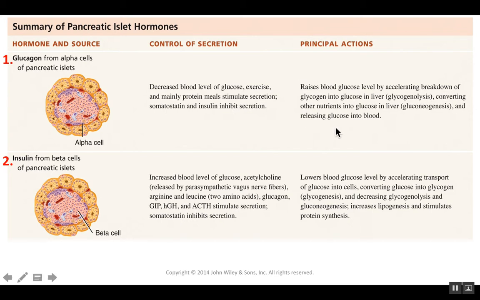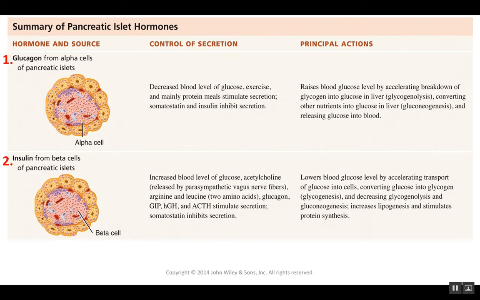So the target for insulin is many cells of the body. Insulin will promote an accelerated transport of glucose into those cells. Those cells will convert glucose into glycogen if they want to store that glucose, like the liver and muscle. Or they will convert that glucose into fat, so that's known as lipogenesis, and maybe send that fat out to adipose tissue.